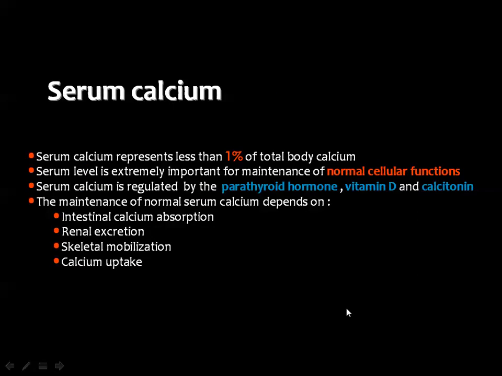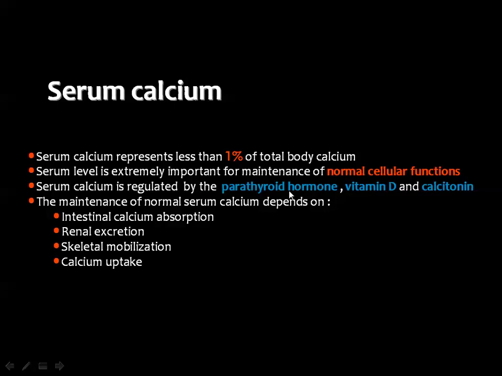Then, as you all know, calcium is very important for the maintenance of normal cellular function. And the serum calcium represents about 1% of the total body calcium. The serum calcium is regulated by three major factors.